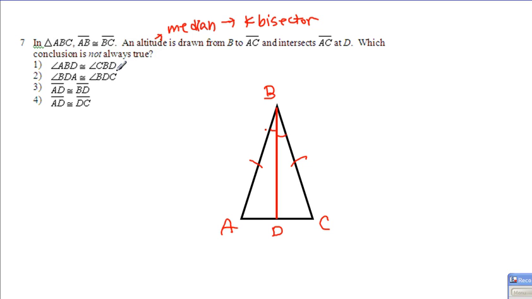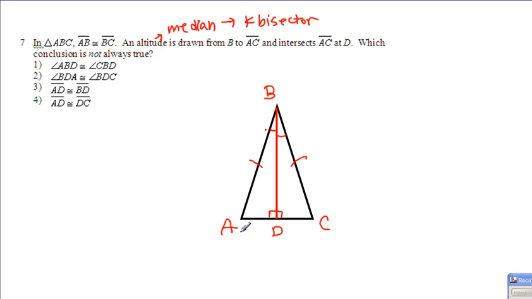Alright, so that satisfies the first condition. Angle BDA, in fact that angle is equal to angle BDC, which is also true because altitude, that means they're perpendicular, cutting each other as 90 degree measures.